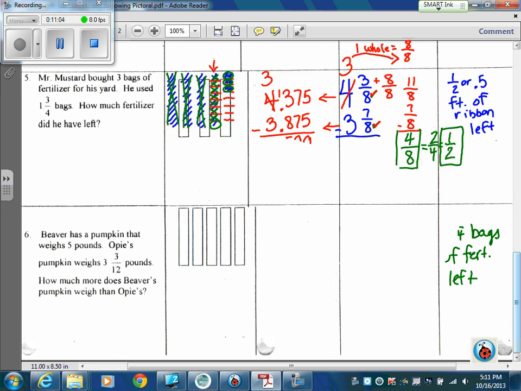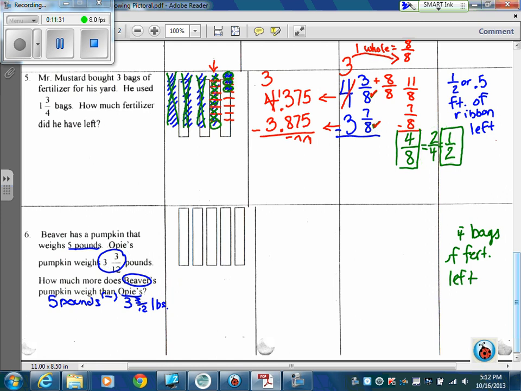Okay, so we've got to pay attention to our question and the order in which they're asking. How much more does Beaver's pumpkin? Well, Beaver's pumpkin weighed 5 pounds. That tells us that we're going to compare or subtract. Opie's was 3 and 3/12 pounds.